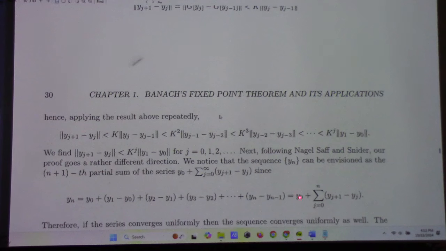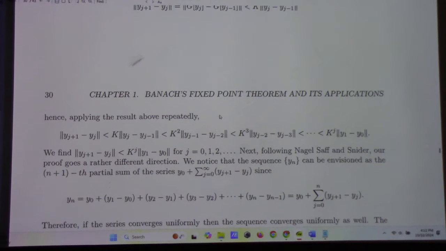Something plus a uniformly convergent sequence is a uniformly convergent sequence. So they're not identical, but they're related by just shifting by y0. So uniform convergence of the series gives me uniform convergence of the sequence.